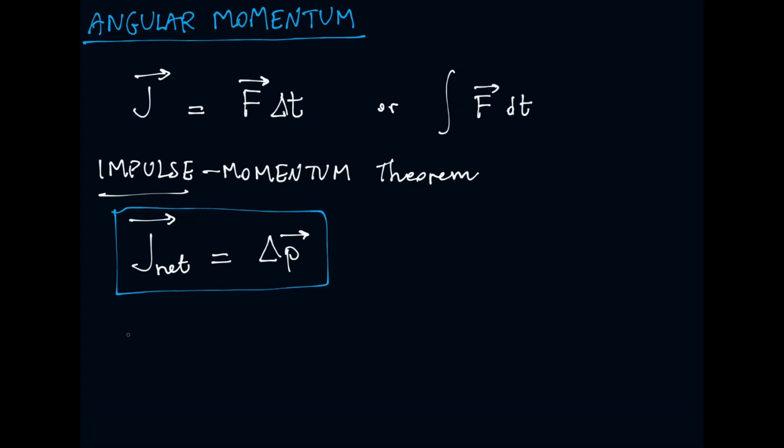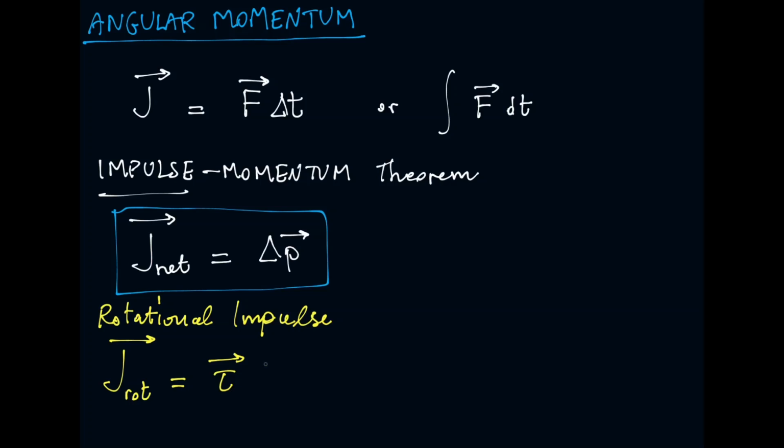We have the equivalent statement for rotations, where we can define a rotational impulse. Let me write it down. Impulse, which is the torque multiplied by the time it is applied for, or as usual, the appropriate integral if you have a torque that is changing with time.